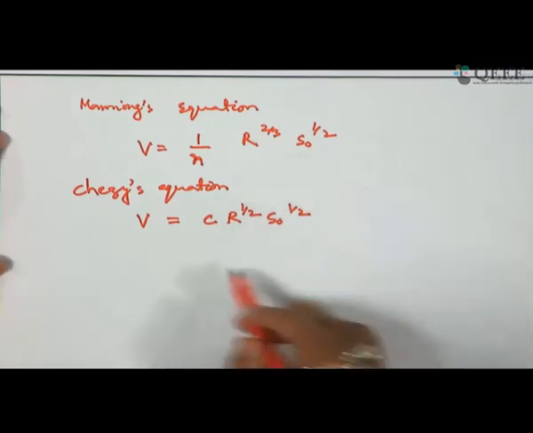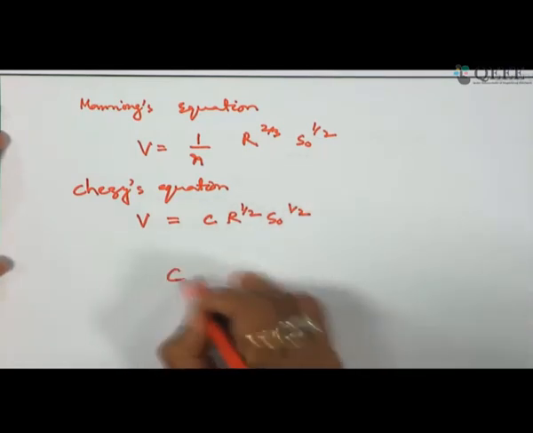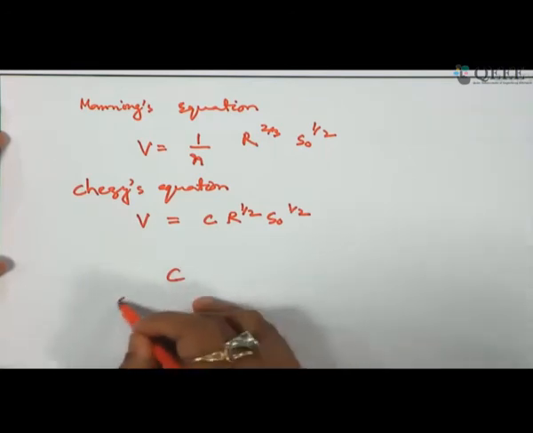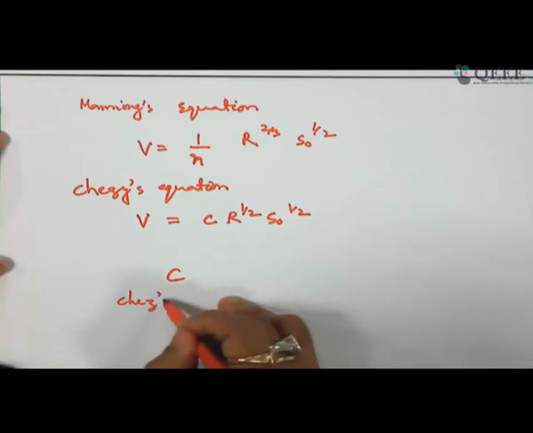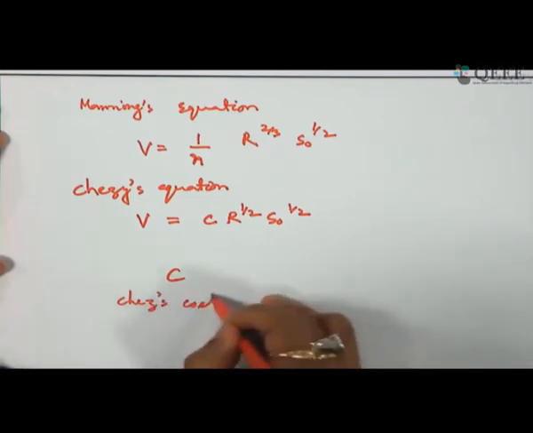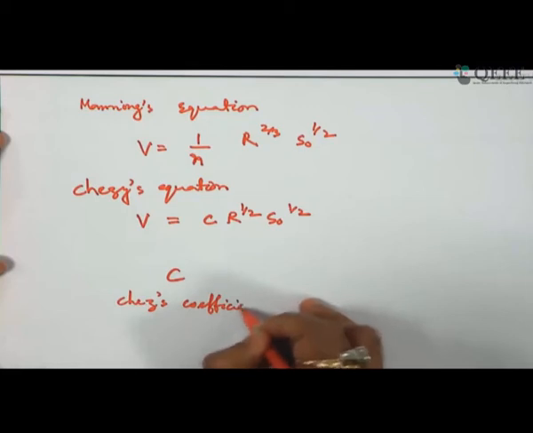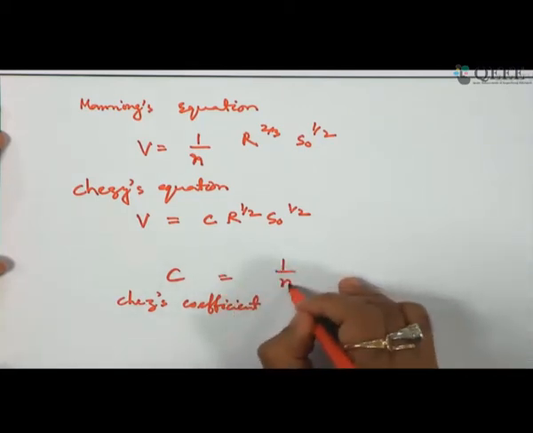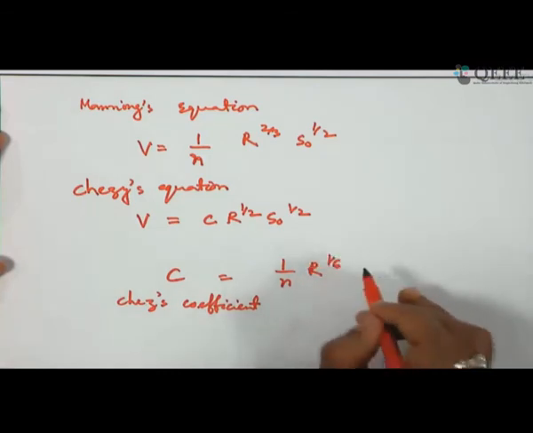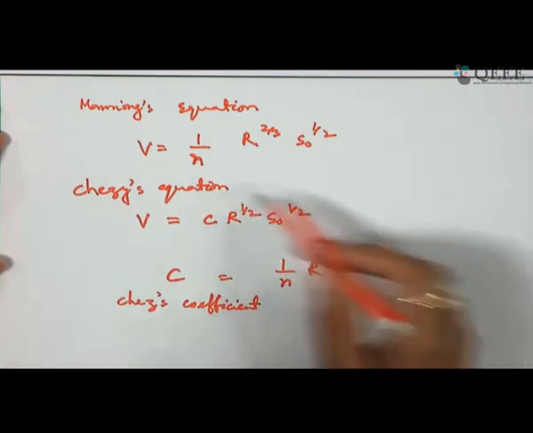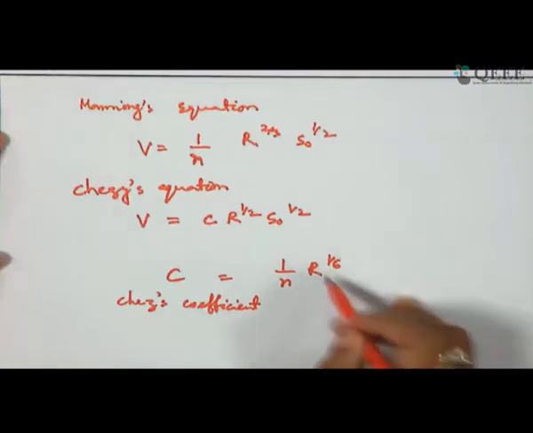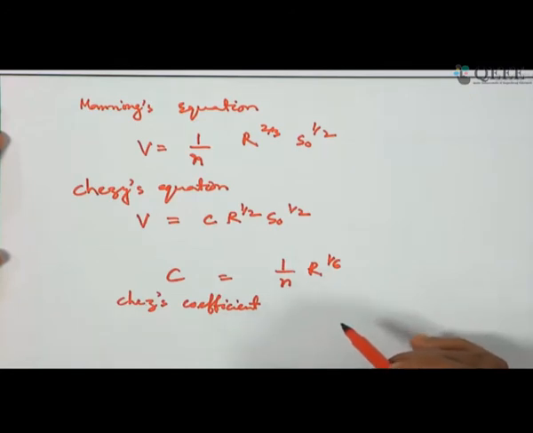If we compare these two, then we can relate the Chezy coefficient to Manning's coefficient, and the relation is in terms of hydraulic radius.